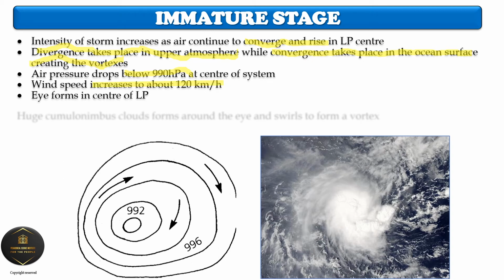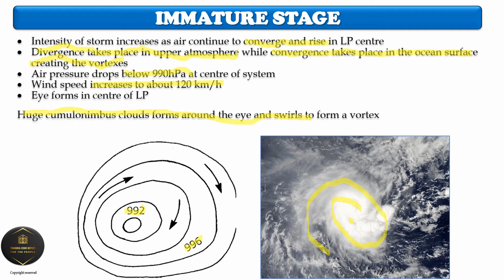And the eye starts to form at the center of the system. It is not as well developed as you like, but at the center of the system you'll expect fragments of the eye forming, and of course huge cumulonimbus clouds form around the eye. So if you look at the systems over here, we have dense clouds forming over there, and this is showing you the pressure at the system is starting to relatively decrease in the immature stage.